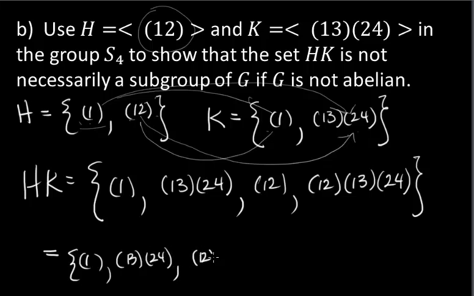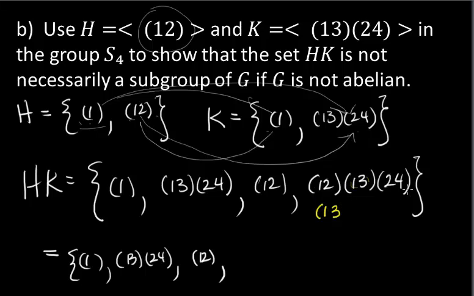the transposition (1 2), and let's multiply this here. So I'll put down my 1. 1 is fixed, 1 goes to 3, 3 is fixed, so the product sends 1 to 3.